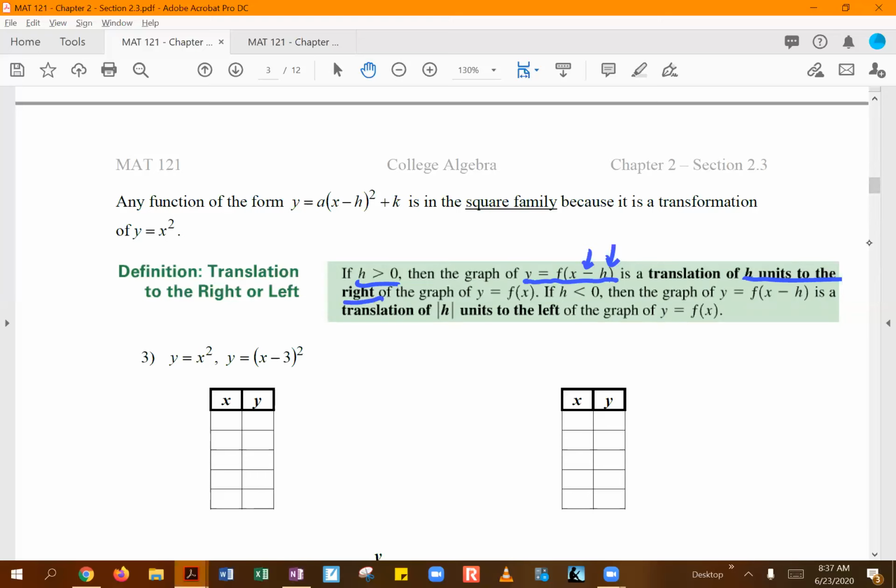If h is negative, your graph moves h units to the left, because in y equals f of x minus h, if h itself is negative, those two negatives become positive.